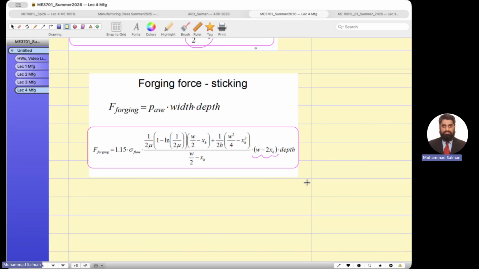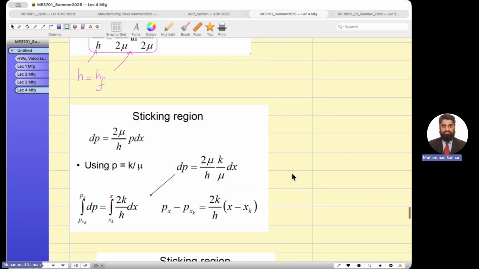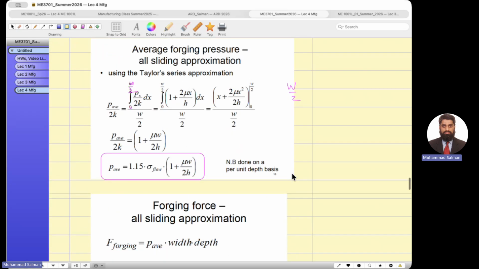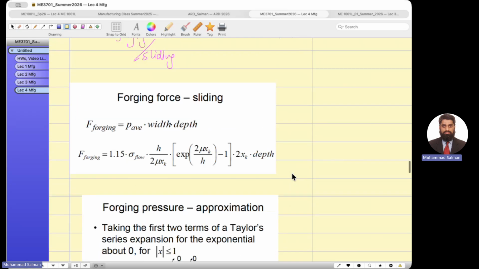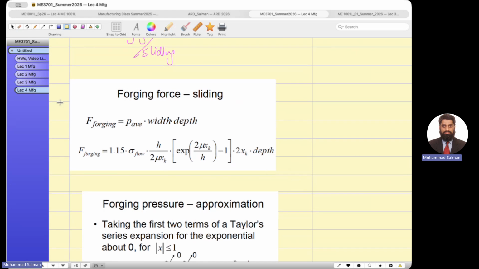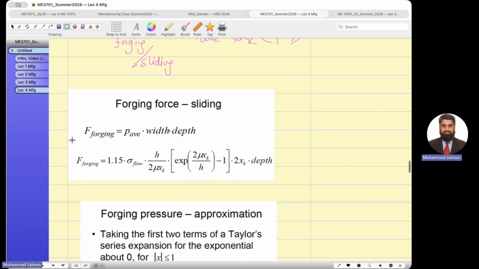This formula you need for finding the force of the sticking region, and this is the force of the sliding region. Yes, this is the forging force formula of the sliding region.